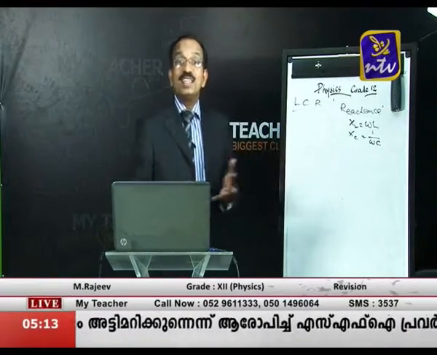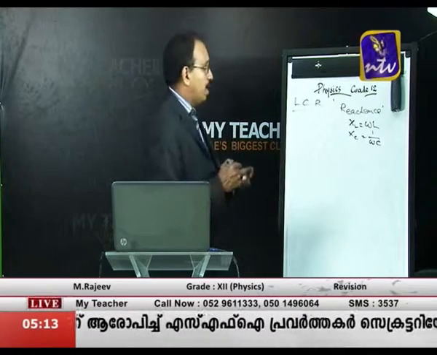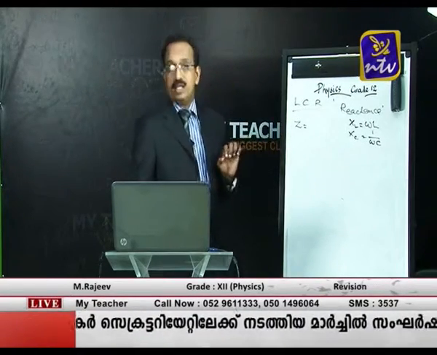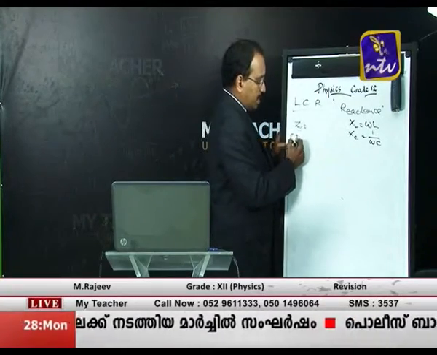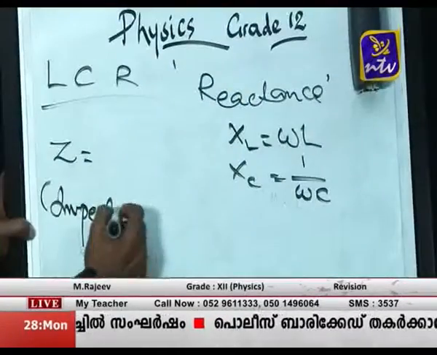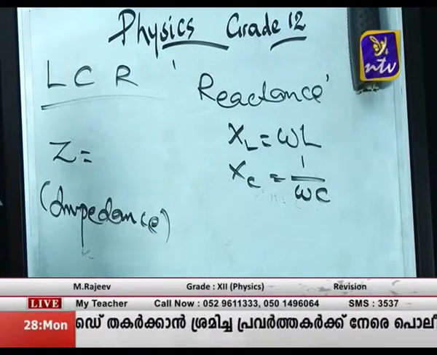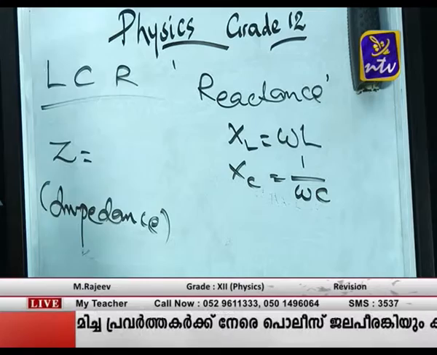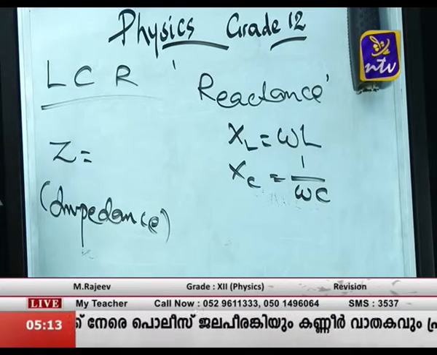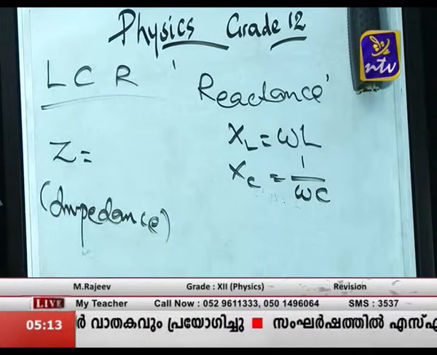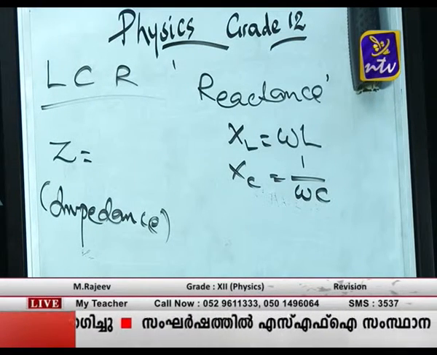All the three together in an LCR circuit is represented by the letter Z, that is called impedance, right? So let us take it in this way. The opposition offered by a resistor is resistance, and the opposition offered by a capacitor or inductor is reactance.